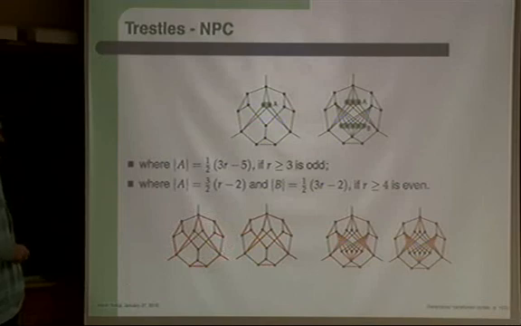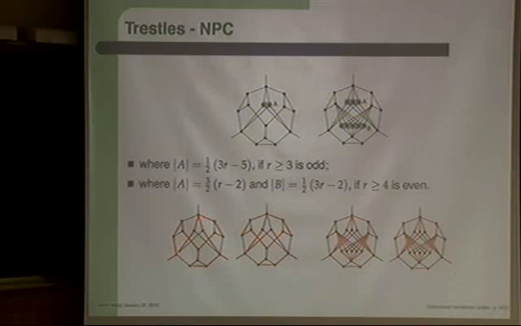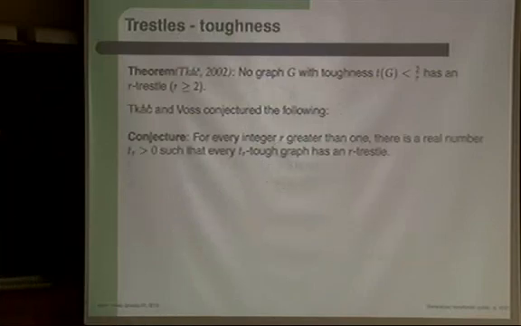The opposite implication is that if you have this gadget in the new graph and you try to find an R-trestle, in this gadget one of the vertices has degree R and the other has degree R minus 1, therefore only 2 edges attaching this gadget in the graph are used. So if you contract this whole gadget to a single vertex, in the subgraph you get a vertex of degree 2, and that's the Hamiltonian cycle. So yeah, that's the NP-completeness.